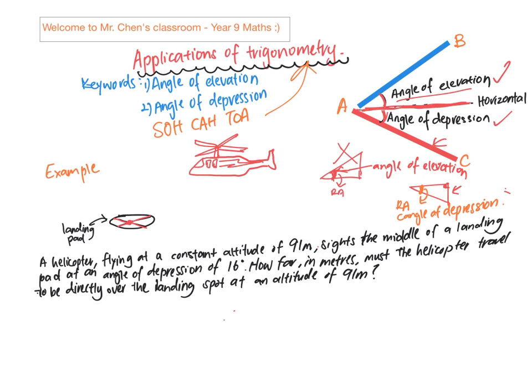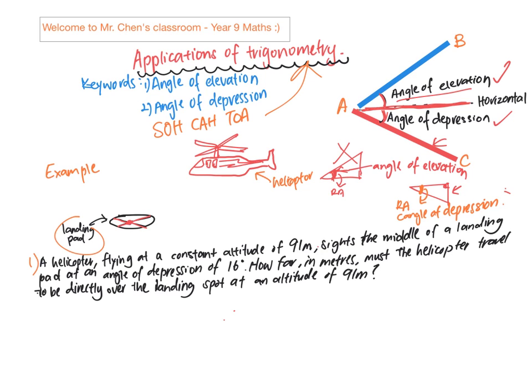So let's look at example number 1. As you can see, we have a badly drawn helicopter here, and along with the helicopter, we have a landing pad.